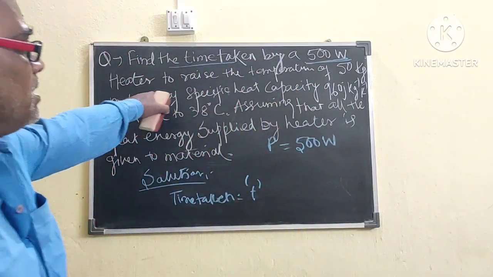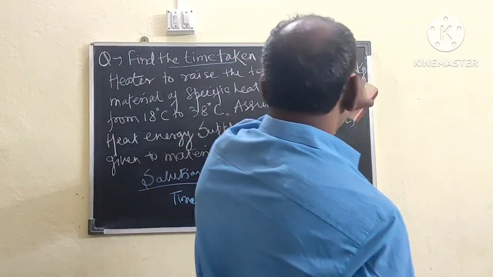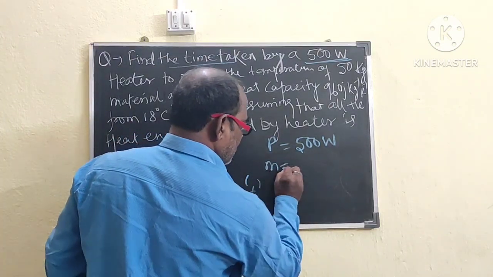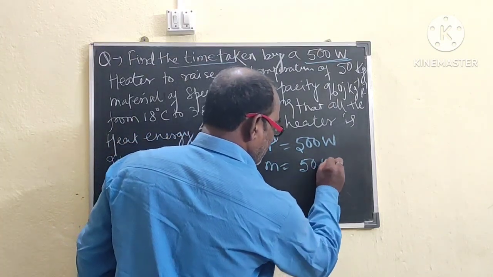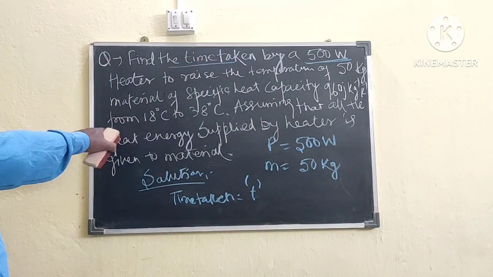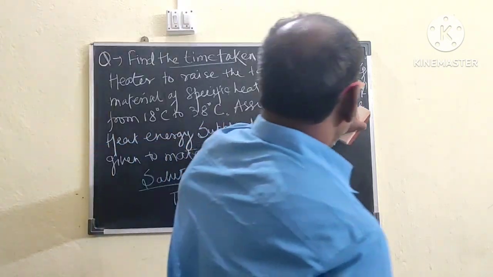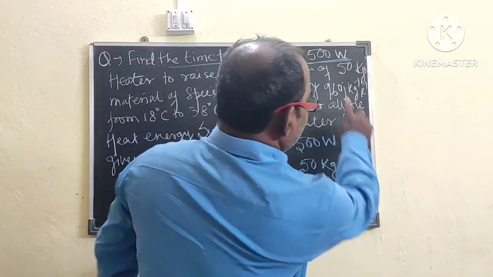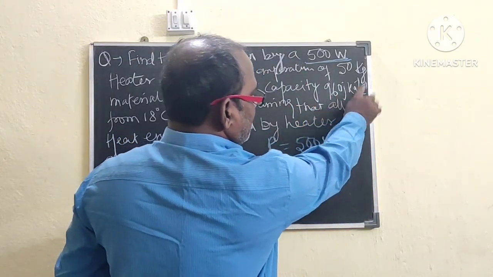Then they have said that the temperature of 50 kg material. So mass is equal to 50 kg, they have given here. Then they are saying that the specific heat capacity is 960 joules per kg per Kelvin.